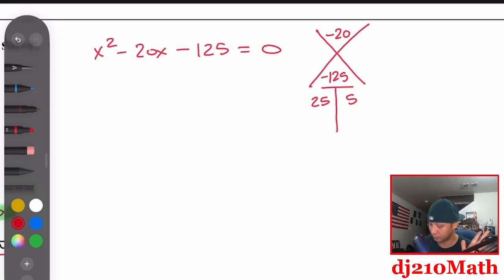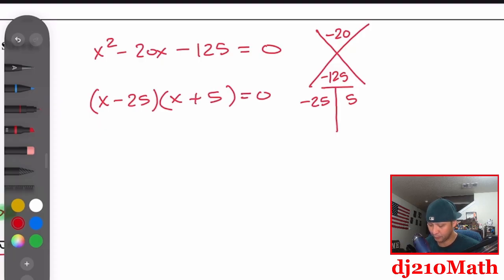Yes, this is true. And then one of them has to be negative because they have to add up to a negative number, so the big one has to be negative. So the factors are x minus 25 and x plus 5. So the solutions are x equals 25 and x equals negative 5.